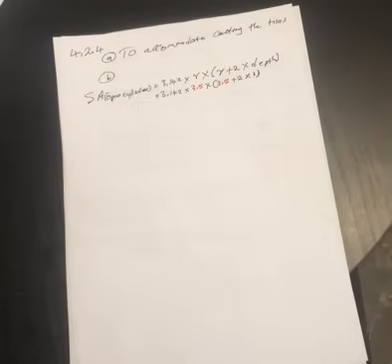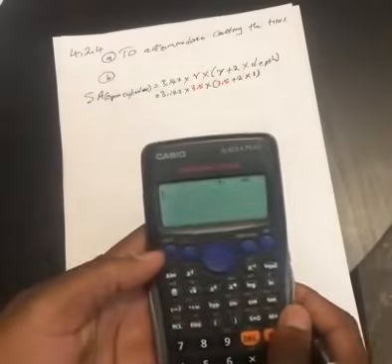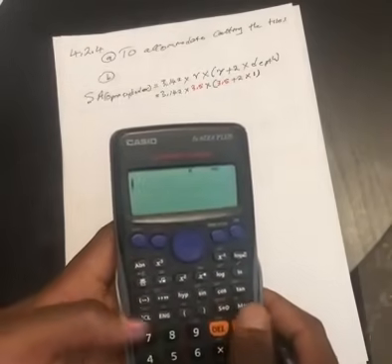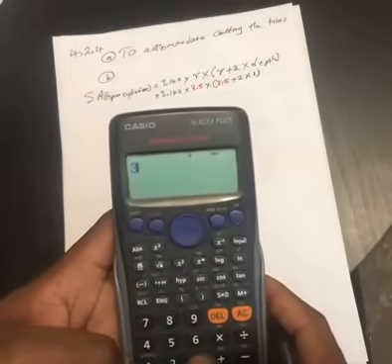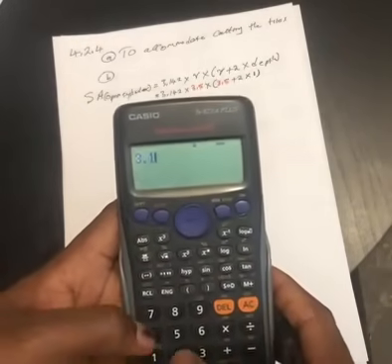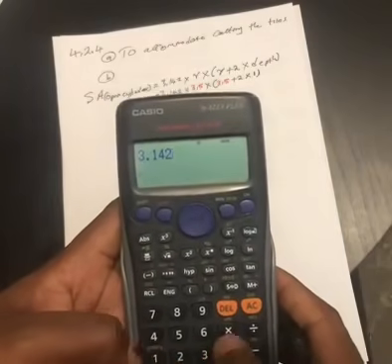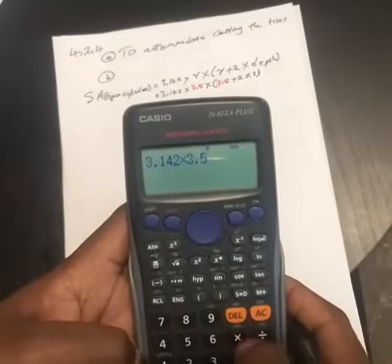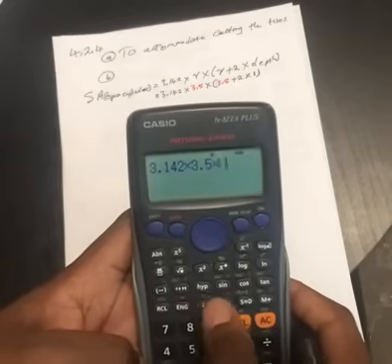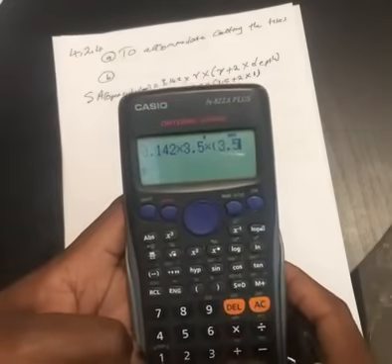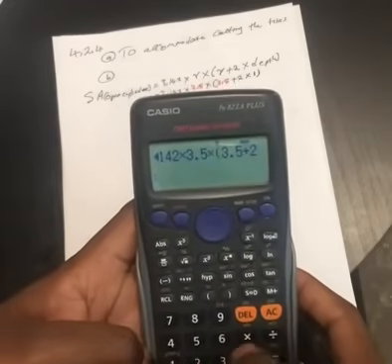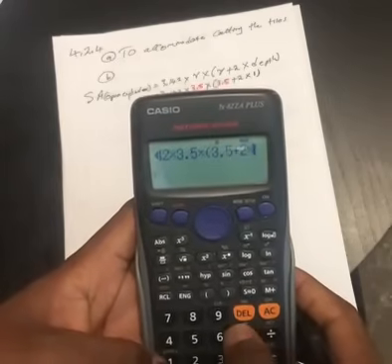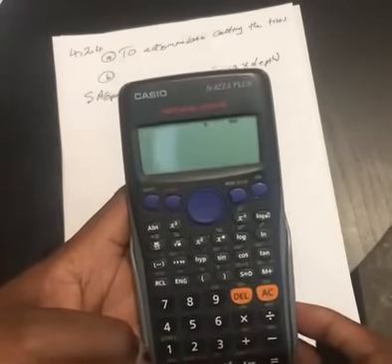So from here, if you can manage, make sure that you use a calculator to get the final answer. Just say 3.142 multiplied by 3.5 multiplied by, you open the brackets, 3.5 plus 2 multiplied by 1, you close the brackets.